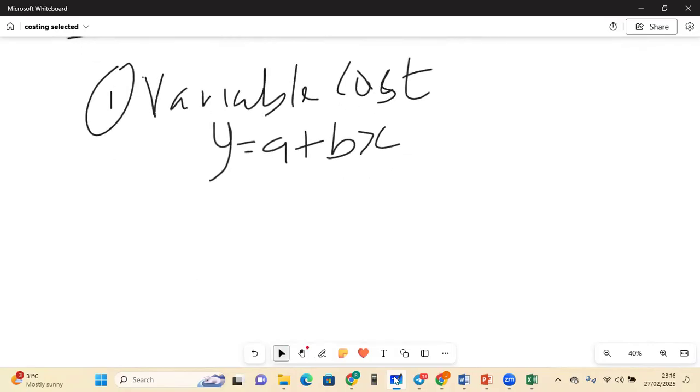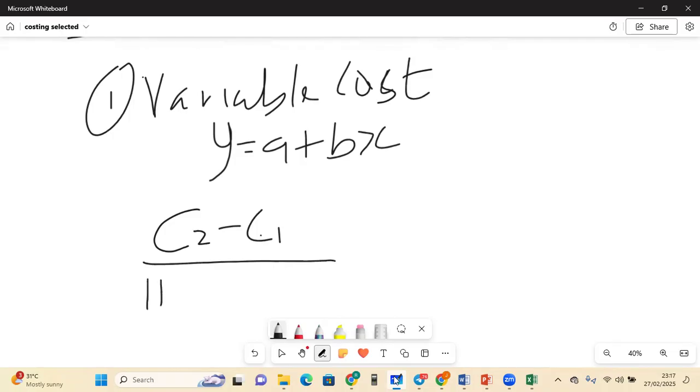So for us to know the variable cost, what we are going to do is variable cost is computed as the cost at the highest activity level minus the cost at the lowest activity level, all over the highest activity level minus the lowest activity level.